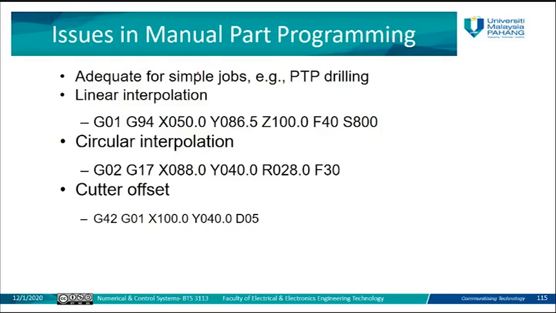So for CAD and CAM, the designer will develop the CAD in 2-dimension or 3-dimension graphics or drawings. Then these drawings will be converted directly into G code by using the software, and this G code will be fed to the MCU.